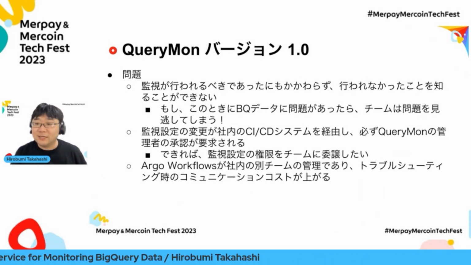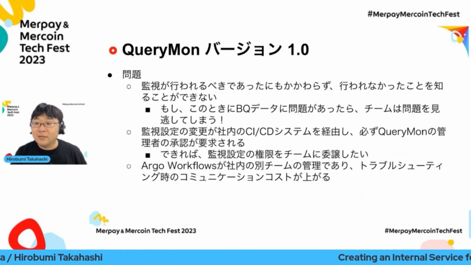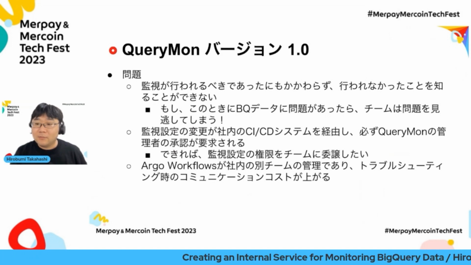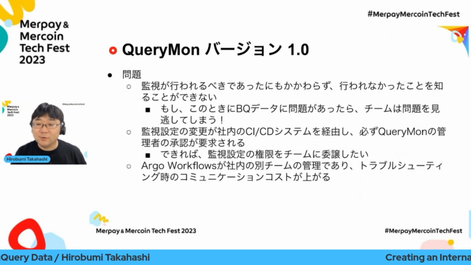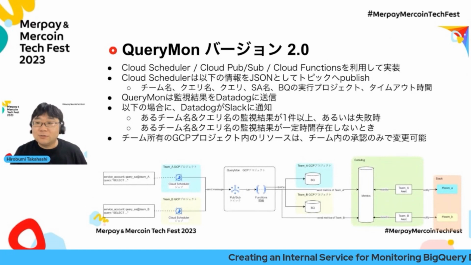The QueryMon administrator has no domain knowledge, so we thought it would be better to delegate this right to the teams. Also, the team that operates Argo Workflows is a separate team, so higher communication cost at the time of troubleshooting was another problem.